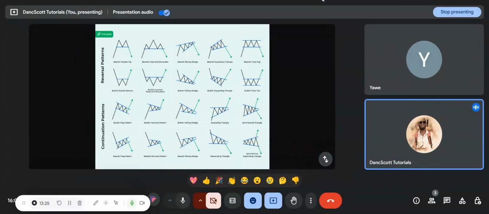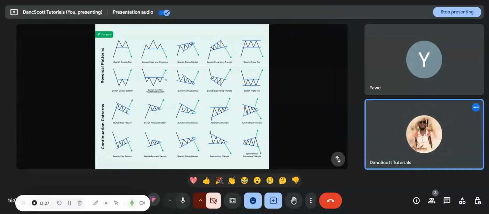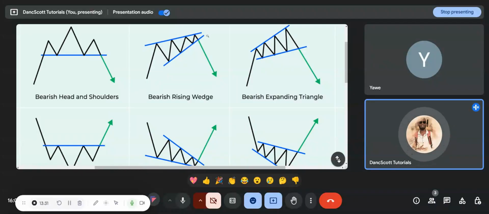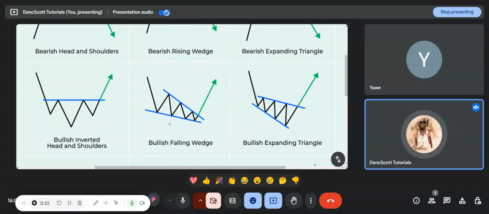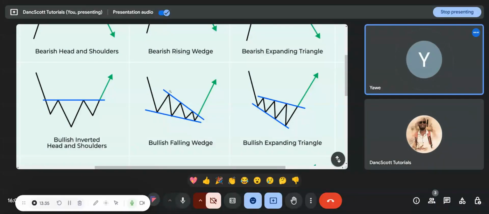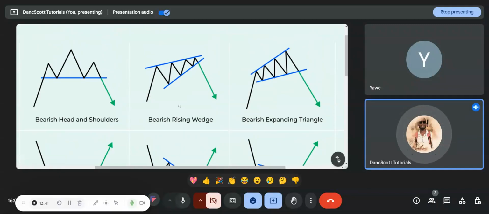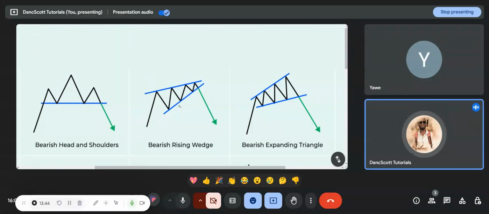So this is where we are going to focus: the rising wedge and the falling wedge. In your own understanding, what is a wedge?